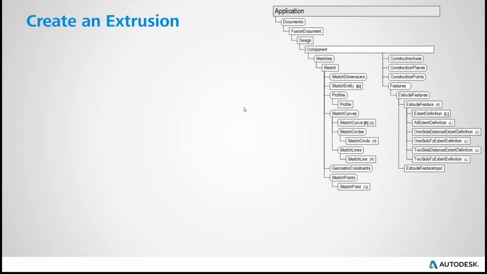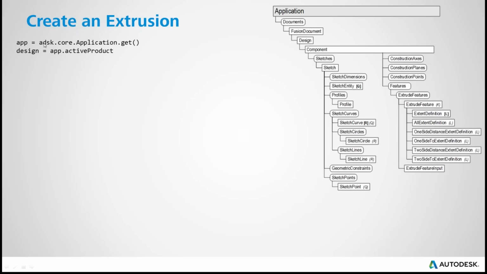So we want to write a program that'll create an extrusion, and I want to show how you would use this object model to do that. A key object is that top level object called the application object, and that represents all of Fusion. So here's some code that lets me get that application object.